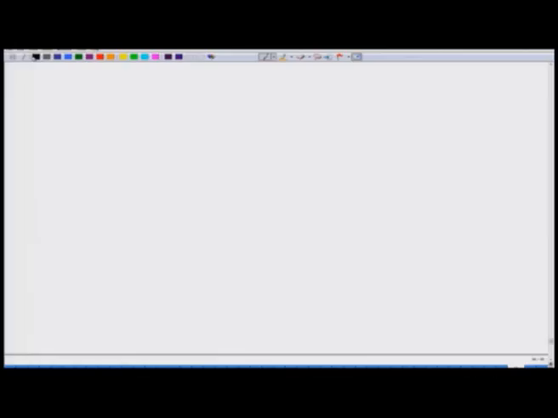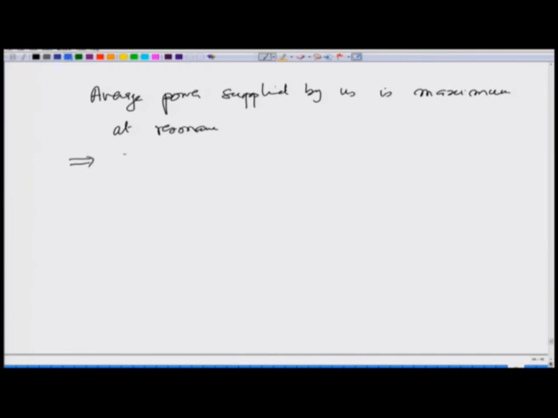So, let us conclude that the average power supplied by us is maximum at resonance, and this also implies that in a steady state motion the power supplied is equal to power dissipated.